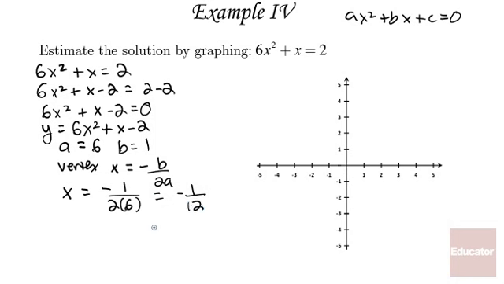Well, this is going to be kind of messy to find the vertex. And what you need to think about is that you don't really have to have that exact value for the vertex all the time, because when you're estimating, what you're really looking for is just an approximation of where the graph is going to cross the x-axis.